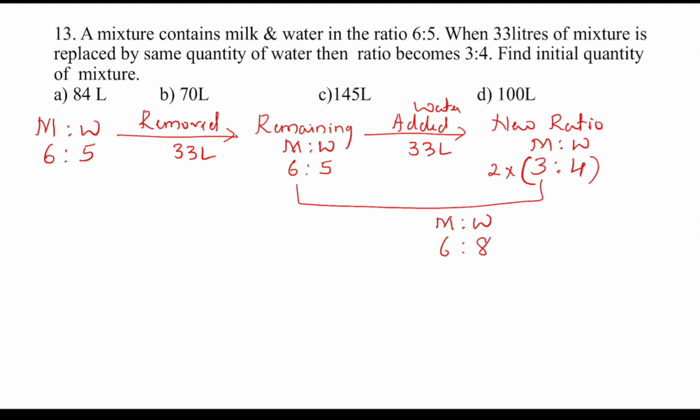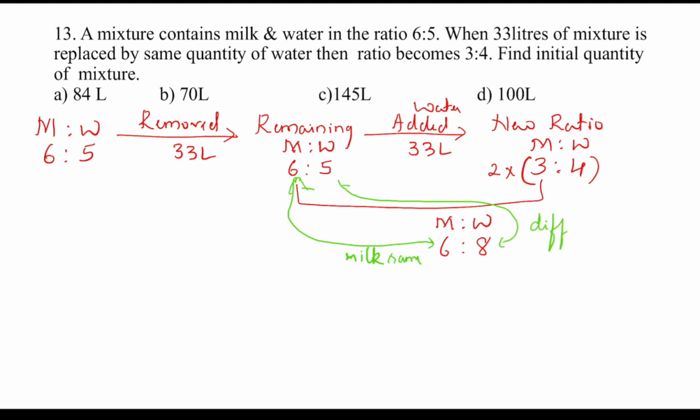So milk is now same. See here, milk is same now, 6 and 6, but water is changing. It is from 5 parts it became 8 parts, isn't it? Milk is same, but water is changing. How much it is changing? It is changing by 3 parts.